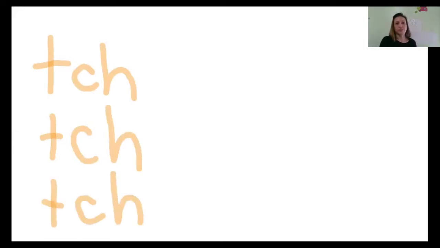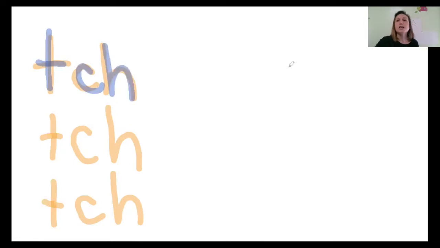Now what we are going to do is trace over. And as we trace over, we are going to say TCH says ch, long spelling right after short vowel. So let's go ahead and trace it.